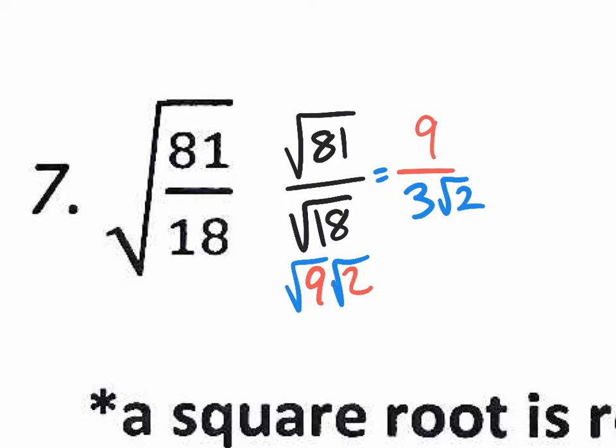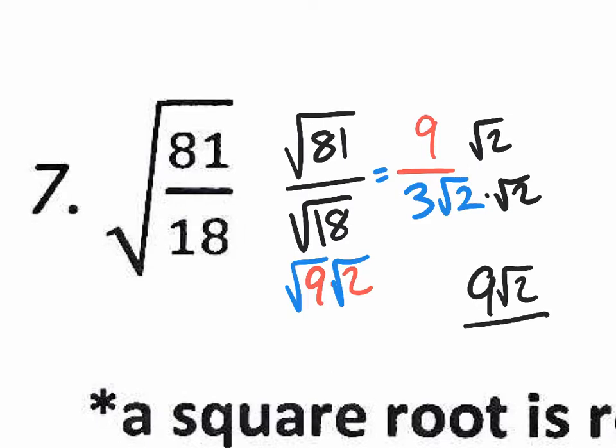You have to multiply both top and bottom by that square root of 2 value. So up on top, you'll have 9 square root of 2 over 3 times 2, because the square root of 2 times square root of 2 is just 2. So at this point, I could multiply 3 times 2 and get 6. And I might as well do that.